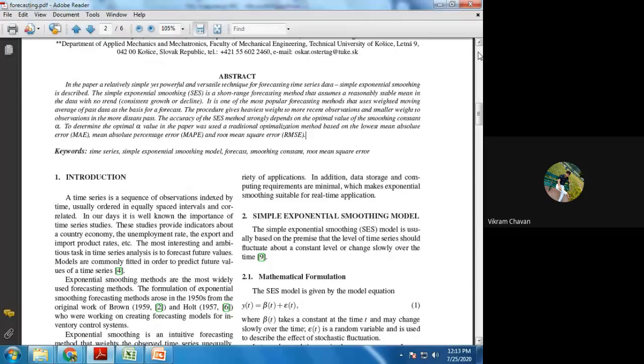Yes, sir. 60 Girish. 61 Mahesh. 63 Anna. 65 Swapnil. 66 absent. 67 absent. 68 absent. 69 absent. 70.